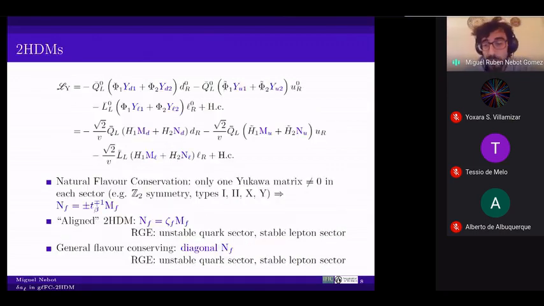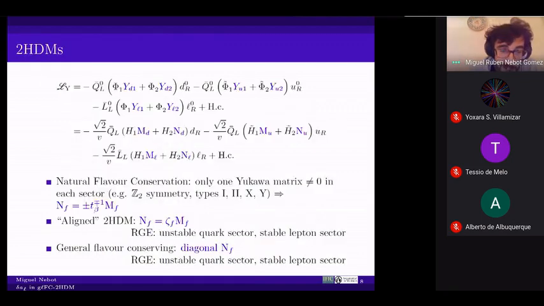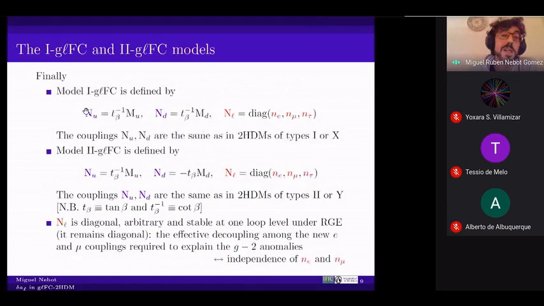So what we will do is choose a combination in which for the lepton sector we will assume the most general diagonal form for this matrix, and in the quark sector we just keep the simplicity of this kind of natural flavor conservation, which gives you two different possibilities.